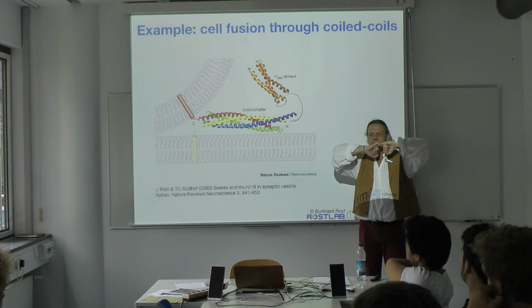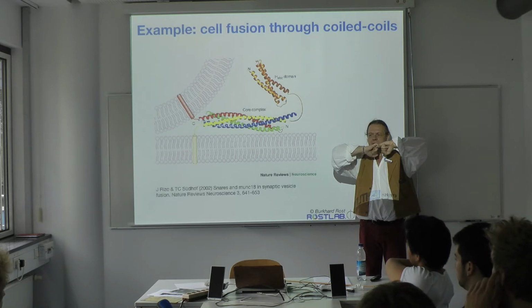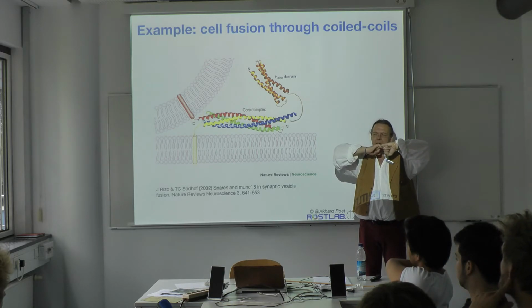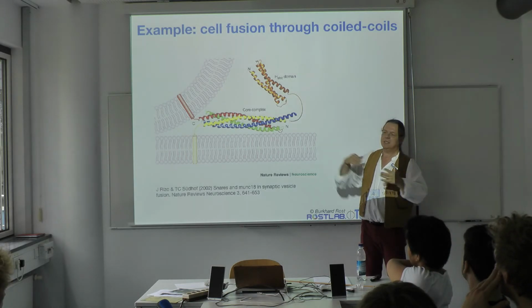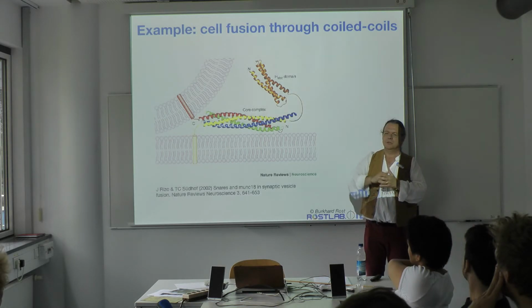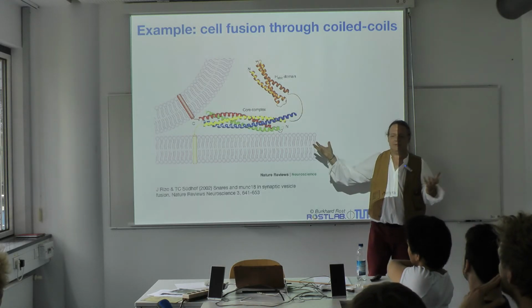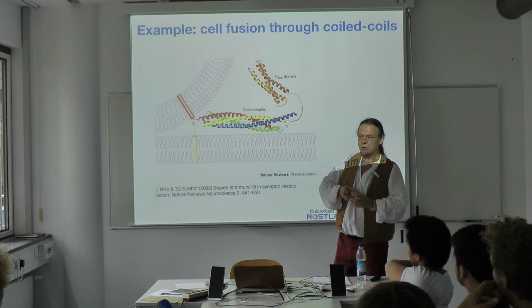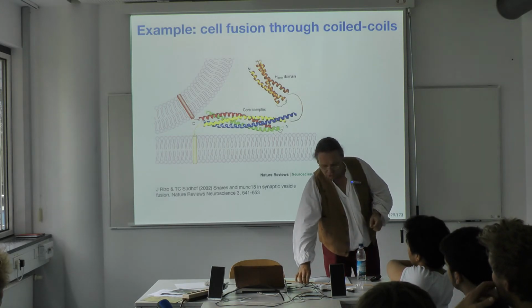They approach. This is exactly the way in which you bring cells together. You twist a coil. This is very visual in that sense. You twist coils and you shrink the space.